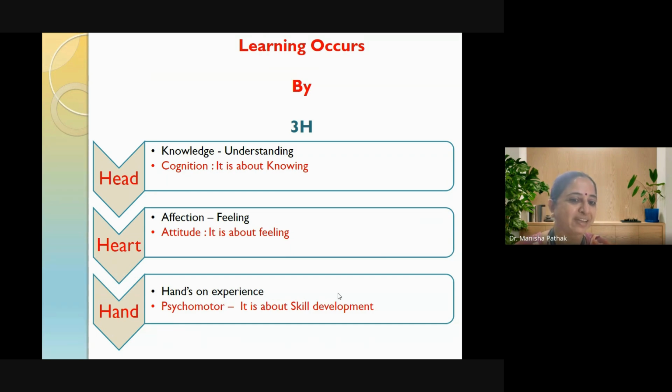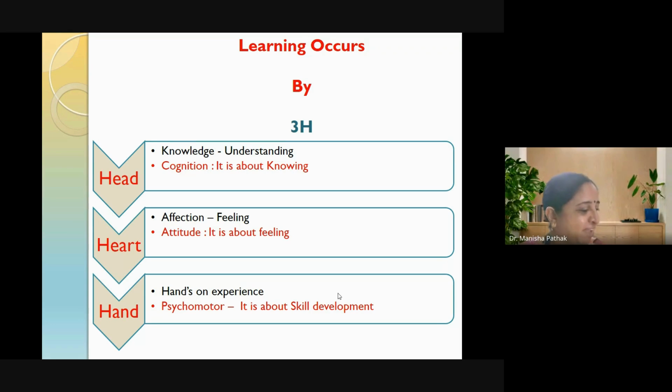Thereby the teacher is molding the attitude of the learner. Lastly, learning occurs by experiencing, by doing. You might have heard of learning by doing. And thereby what is happening? Skill development.